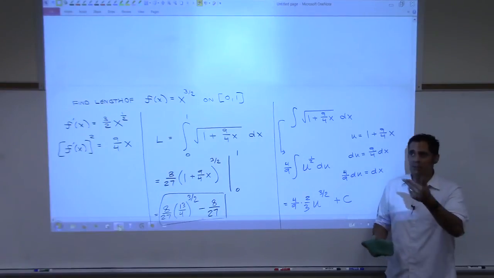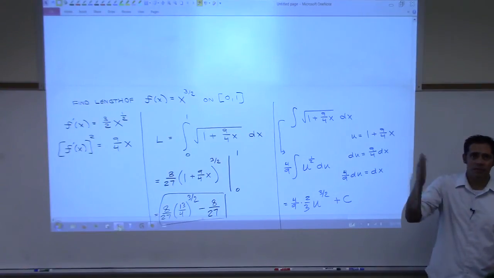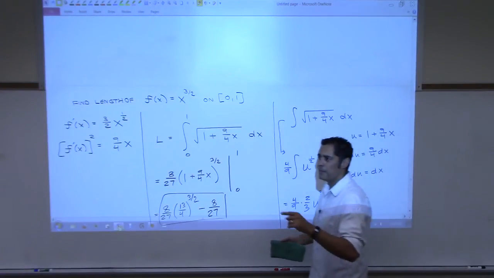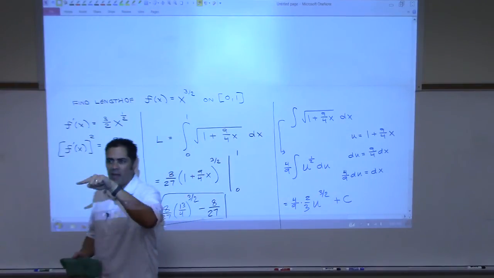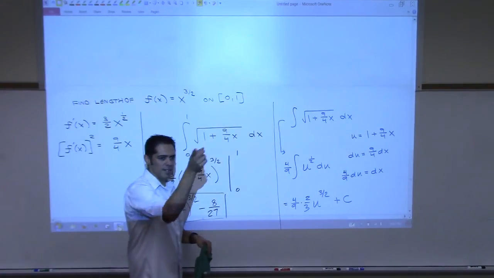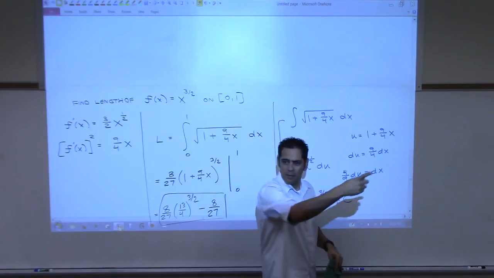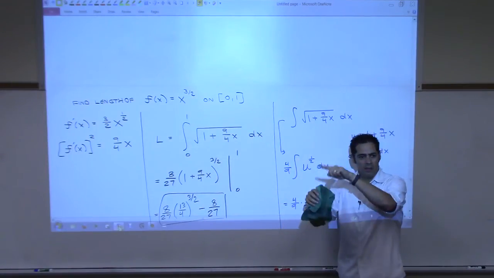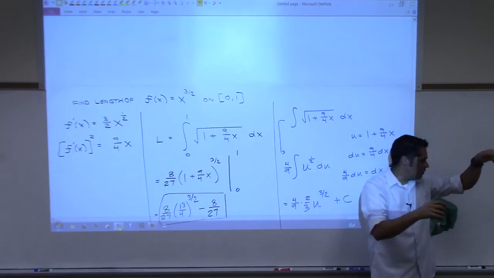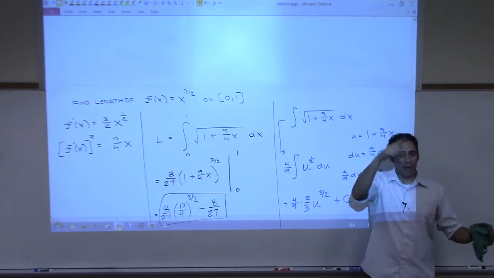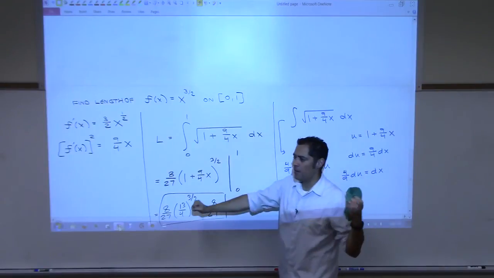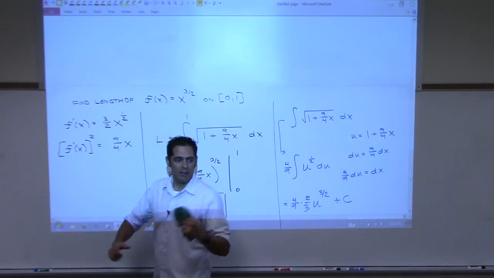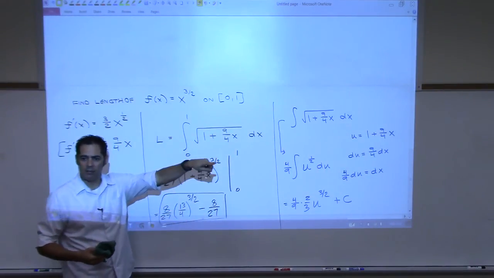Like that little gnat that was flying around, or mosquito, or whatever that thing was that was bothering me a little while ago, it's flying around the room and it's tracing out a path in the room, isn't it? And if we were to keep track of where it is and watch it go through until it lands, we could take that path and imagine straightening it out, and we could figure out the linear distance that it traveled through that path.